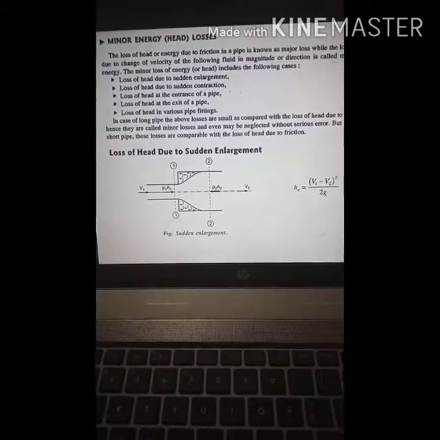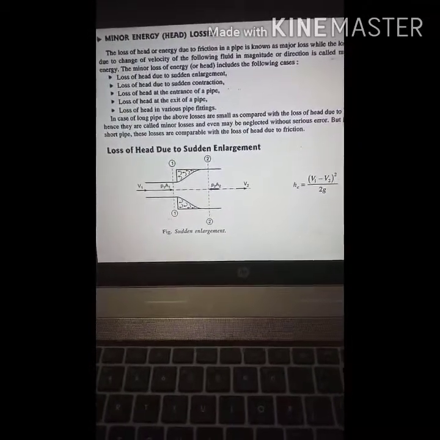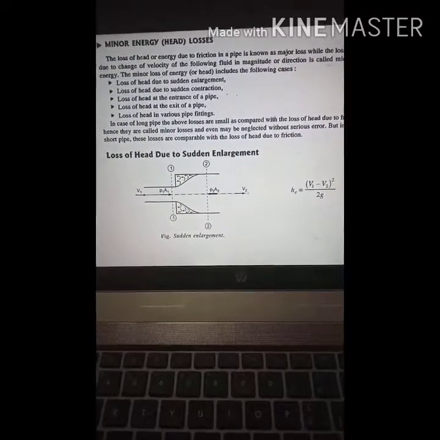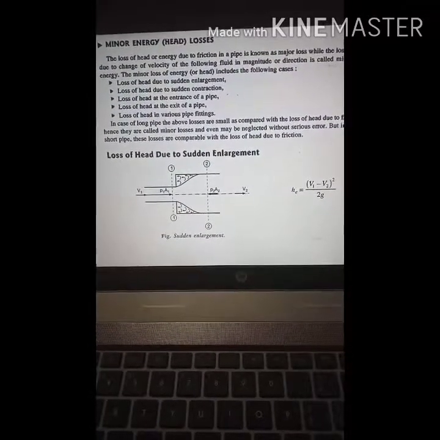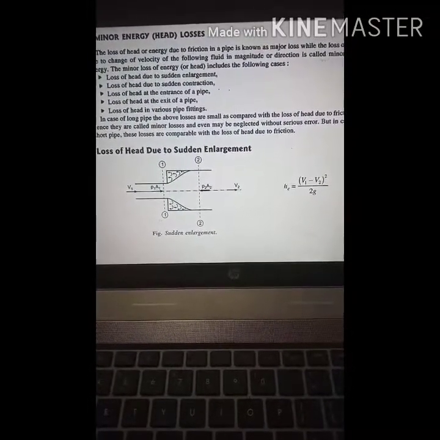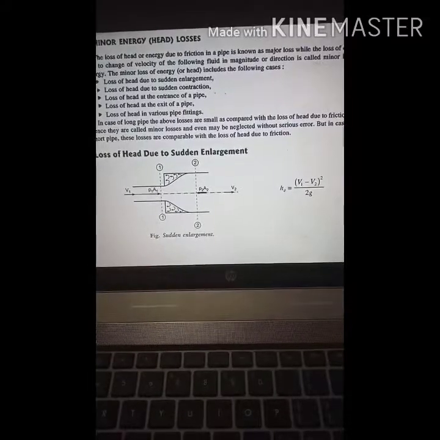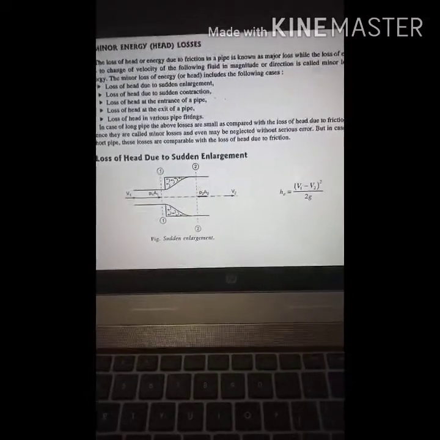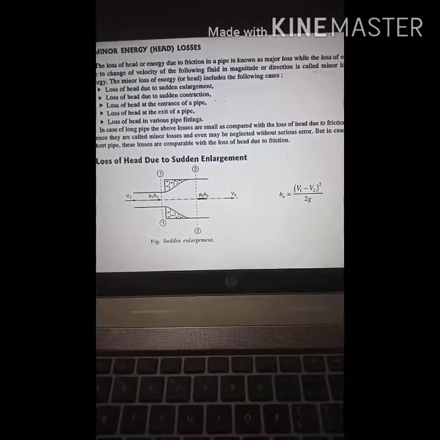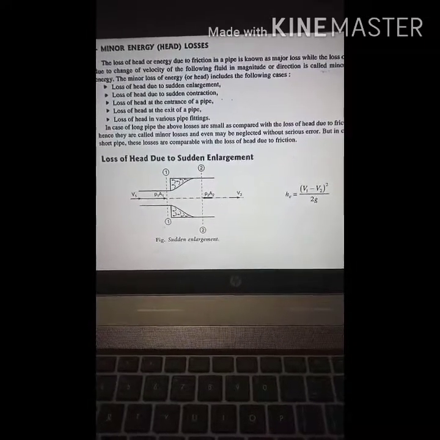So there is a kinetic energy loss across this, and that is given by HE is equal to (V1 minus V2) whole square upon 2G. So you remember the formula for loss of head due to sudden enlargement or expansion as HE is equal to (V1 minus V2) whole square upon 2G, where V1 is the velocity in the smaller pipe and V2 is the velocity in the larger pipe.